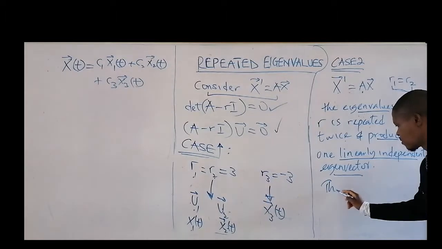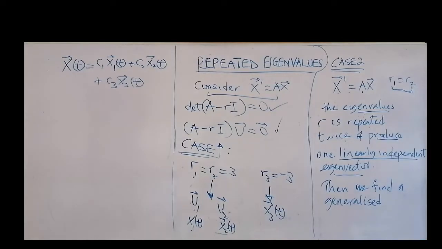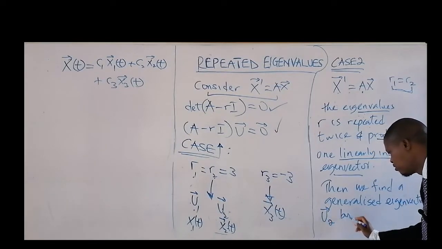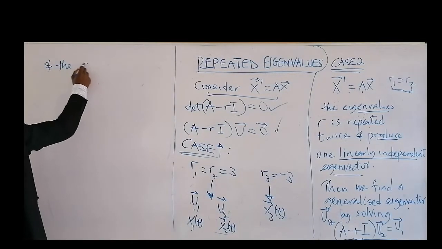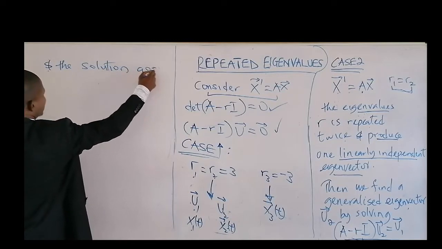Then we can find a generalized eigenvector U2 by solving, and the solution associated with it.